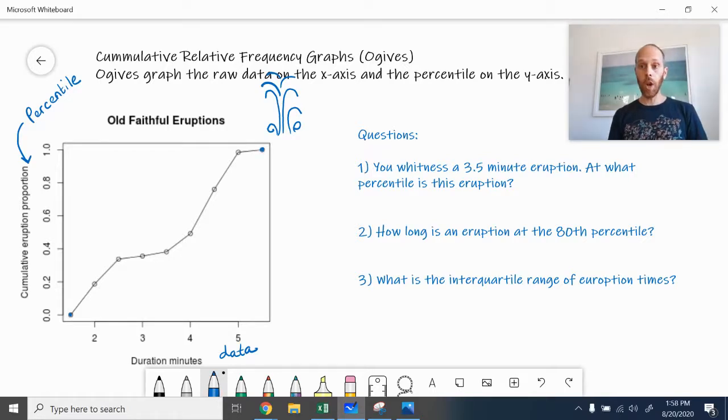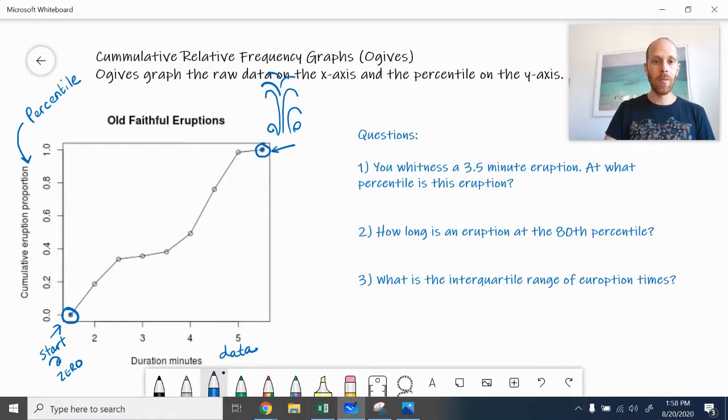And there's a couple things that are always going to be true. You're always going to start at 0, or at the 0th percentile. And right here, for the maximum value, you're always going to end at 1, or AKA 100%.